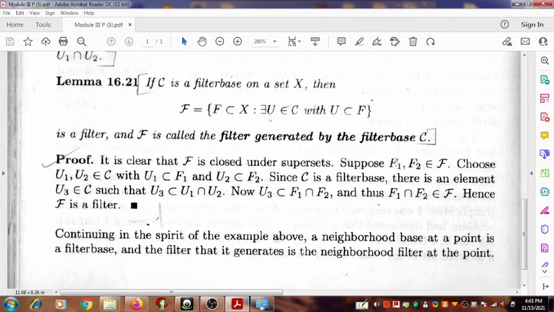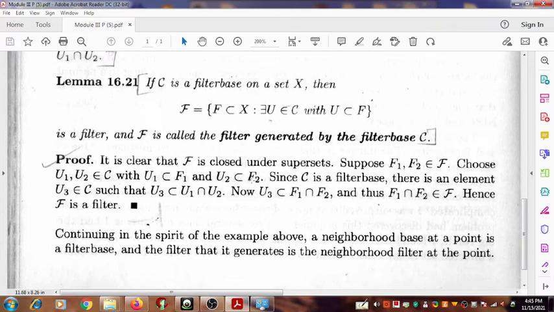So we choose F1 and F2, two elements of script F. The definition of script F says that corresponding to F1 there must exist U1 in C, and corresponding to F2 there must exist U2 in C, such that U1 is a subset of F1 and U2 is a subset of F2.